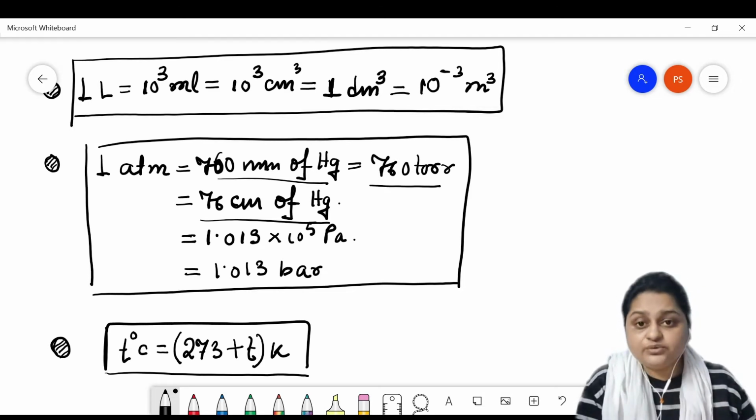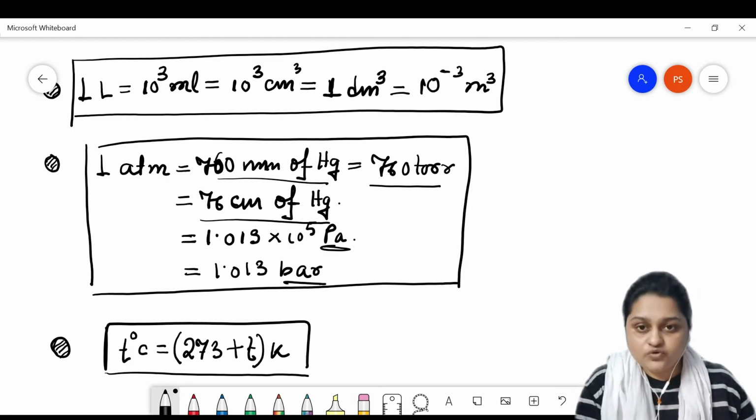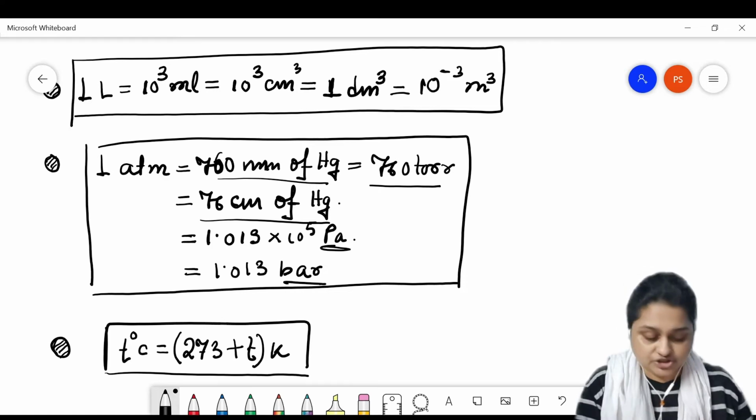There is another unit of pressure, Pascal: 1 atm equals 1.013 into 10 to the power 5 Pascal. Another unit that we need to memorize is bar: 1 atm equals 1.013 bar. These are the units of pressure.